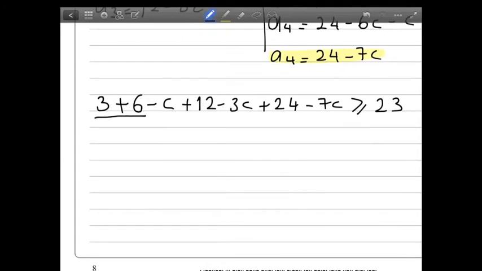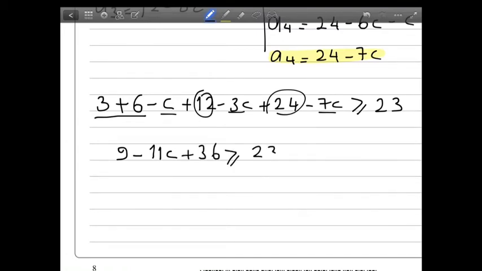We have 36 minus 11C greater than or equal to 23, which is 45 minus 11C greater than or equal to 23.